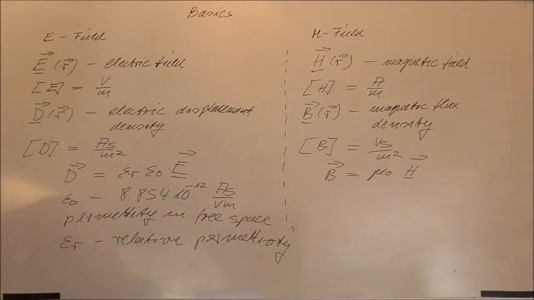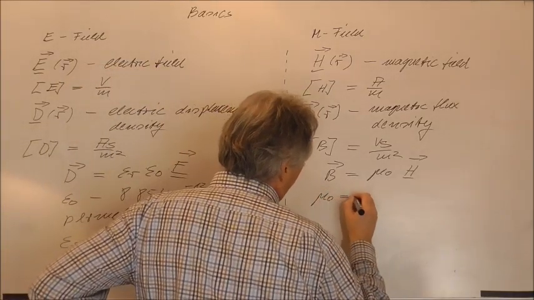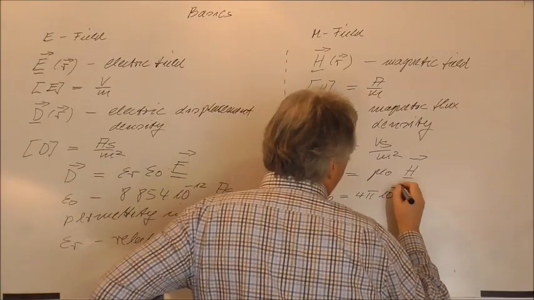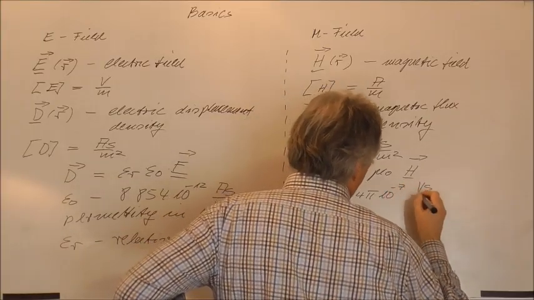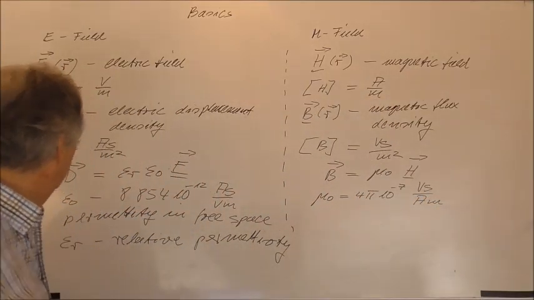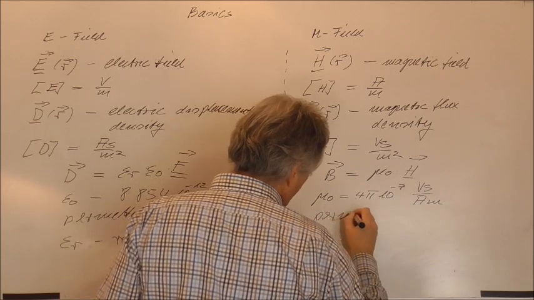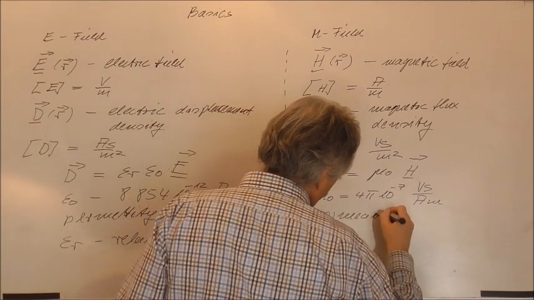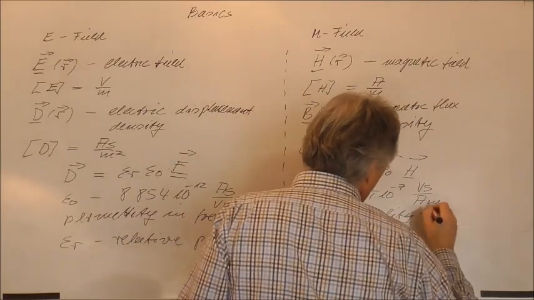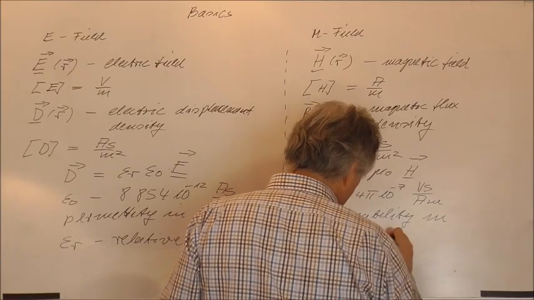Here mu naught is 4 pi times 10 to the power of minus 7 volt seconds per ampere meter, and this is called the permeability in free space.